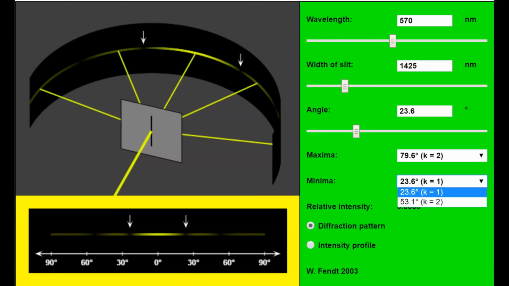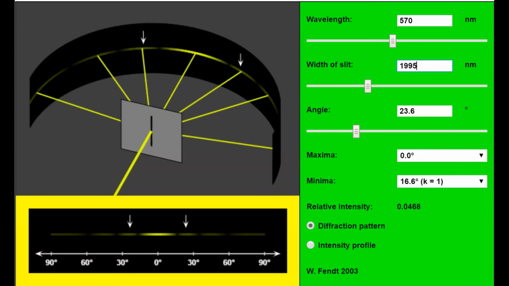And that means that I'm going to change this wavelength so that it's 1995. And what you're seeing here is that for 3.5 times the wavelength, I get 1, 2, 3 minimas. Note that these minimas are not equally spaced.